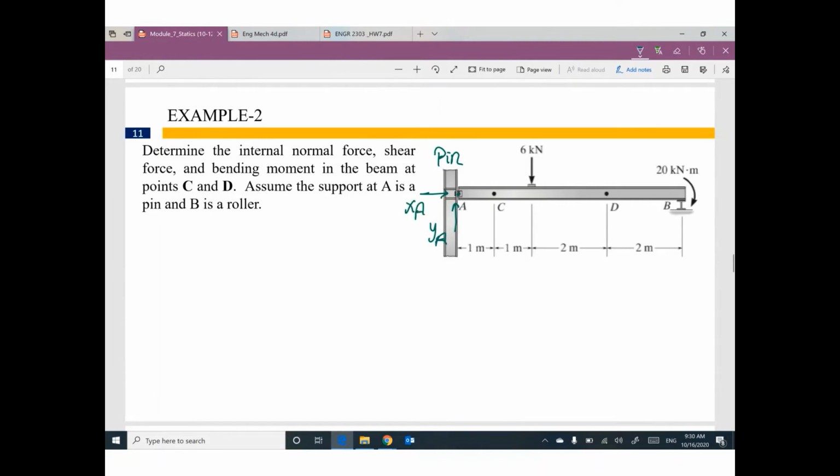And B is a roller, so we have only one reaction, YB. Regardless of what is required in this problem, first step, we need to figure out the reactions. So let's start with reactions.